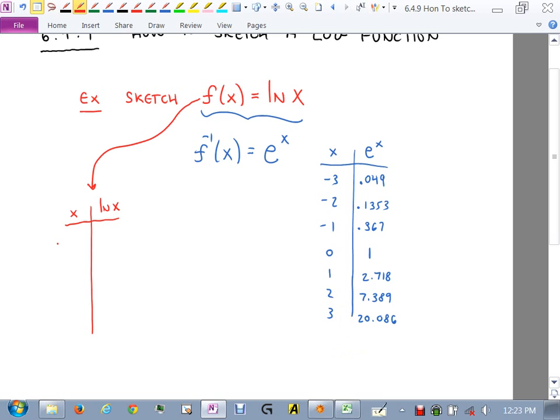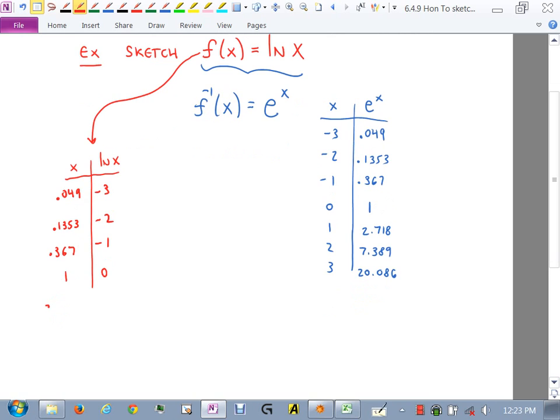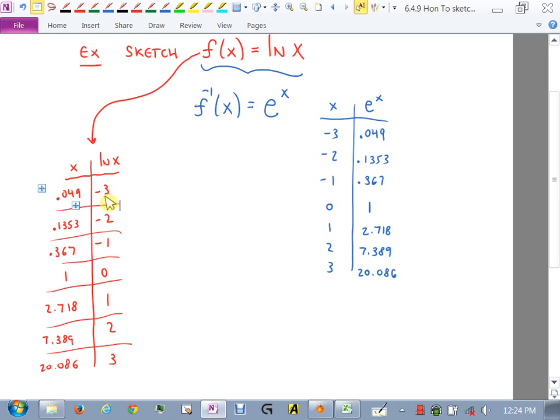So it would be 0.049, negative 3, 0.1353, negative 2, 0.367, negative 1, 1, 0, 2.718, 1, 7.389, 2, and then 20.086, 3. And those are like x and y coordinates. So you go plot those.